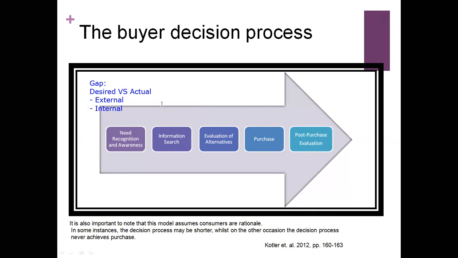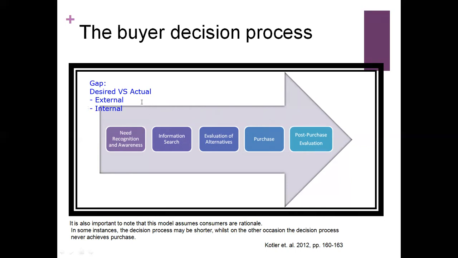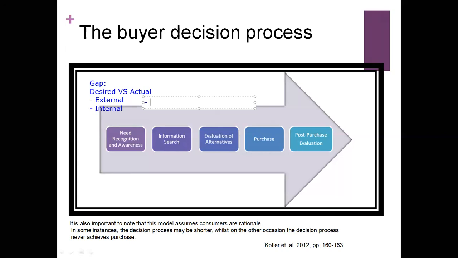This is the stage where the consumers conduct some research to find information. The thing I'd like to highlight revolves around the sources of information that our consumers may research. There are 3 of them, but 2 main ones that I'd like to discuss with you. The first one is the commercial source of information.